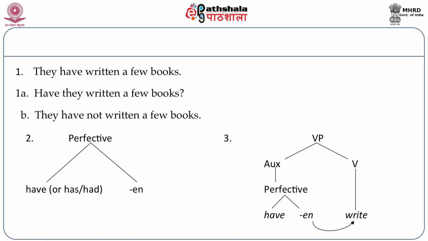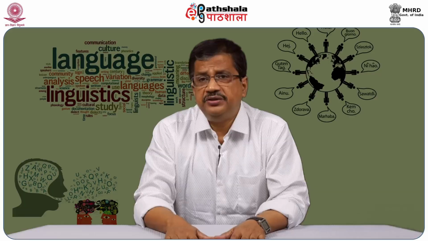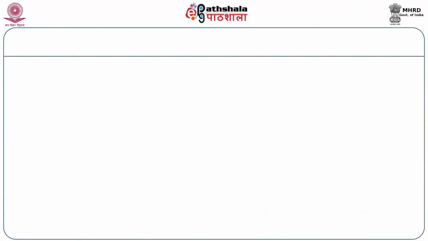For example, write becomes written, and therefore we say that the perfective actually consists of two things. One is have plus a suffix like en, which is attached to the main verb. So in 3 you see that en gets attached to write, and that is how we get have written.